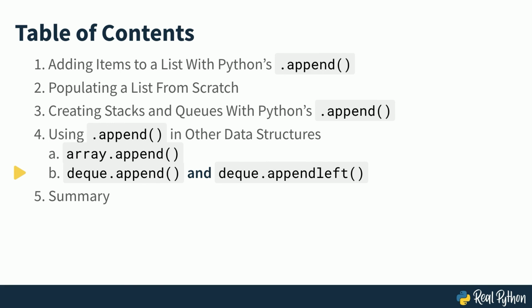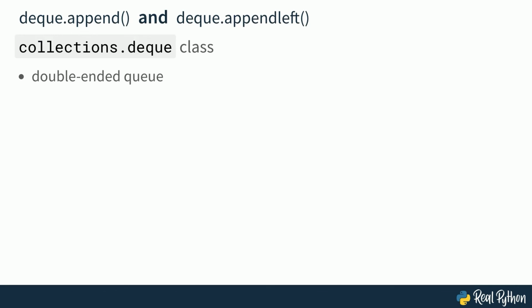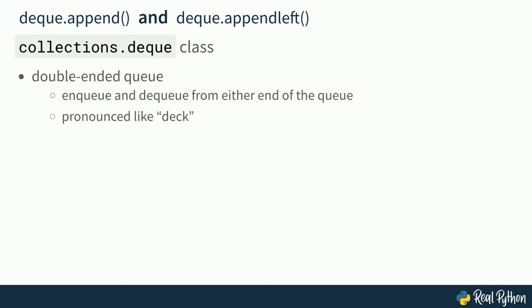In this lesson, you'll see the append methods that work for double-ended queues. The double-ended queue structure is a class from the collections module. It allows for enqueuing and dequeuing off either end of the queue. It's pronounced dec. Calling it dequeue would create some confusion with the operation dequeue. So you say dec.